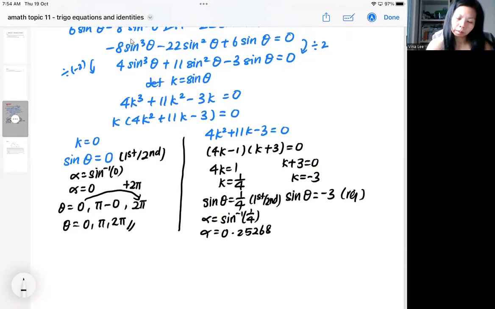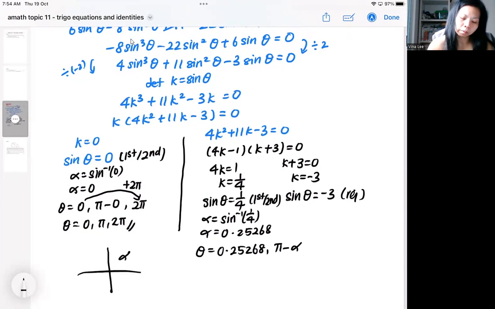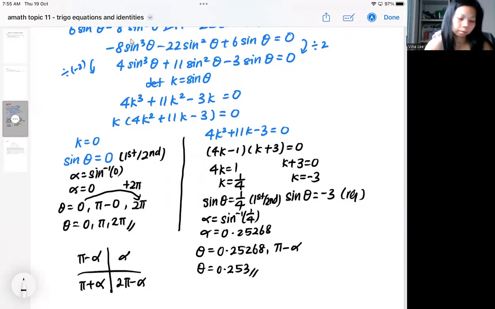So you will be getting theta equal to alpha and pi minus alpha. This question is done in radian, so don't forget, this is what you are executing when you do your ASTC. So from here, this will be my 3 SF answer. I will get 2.89.